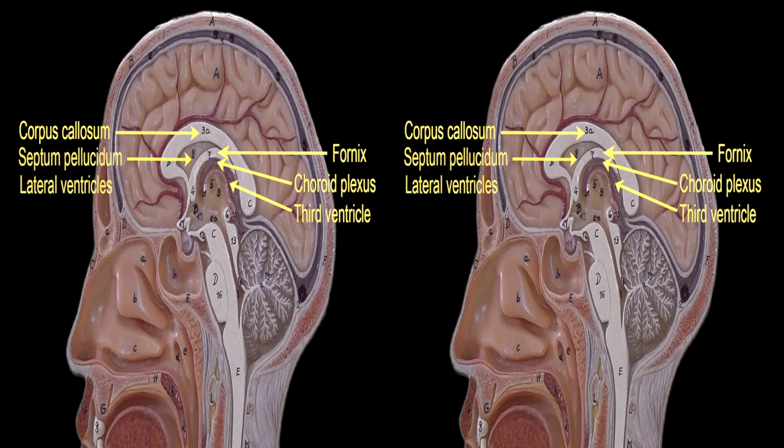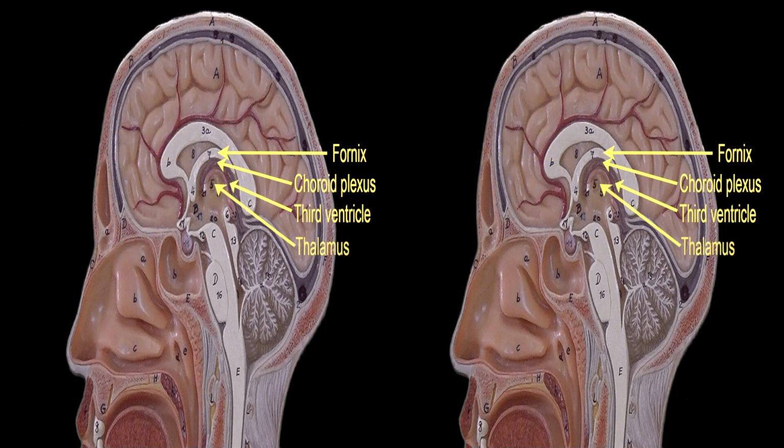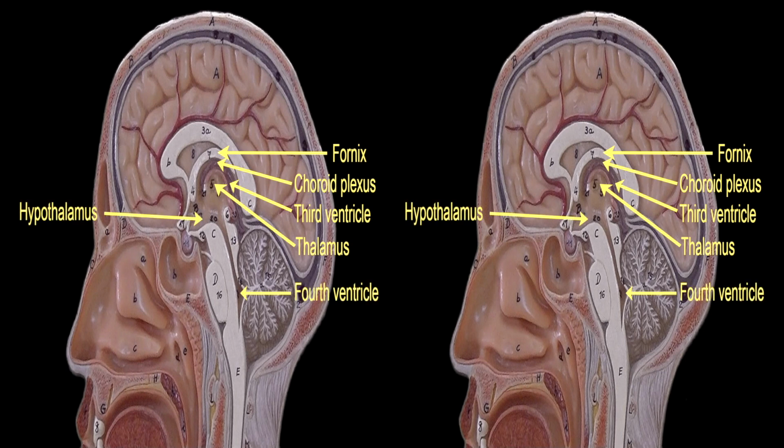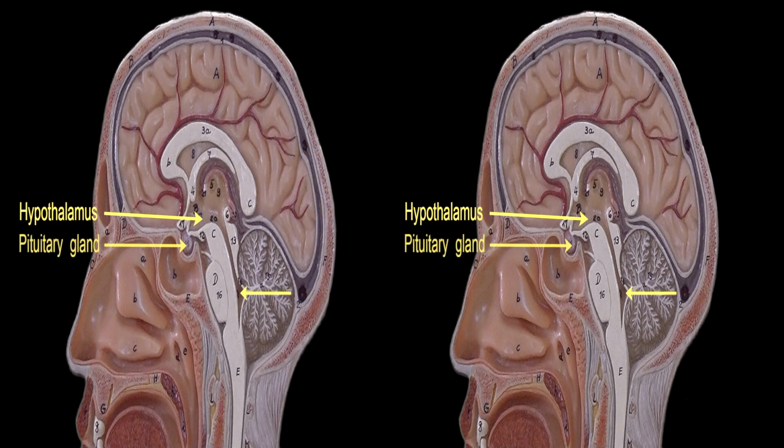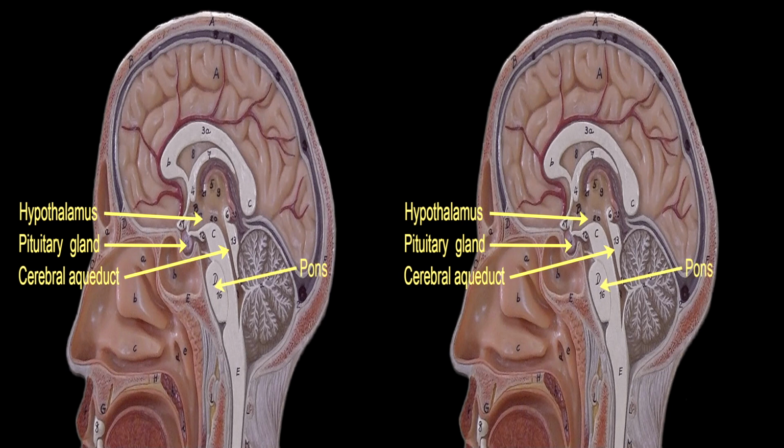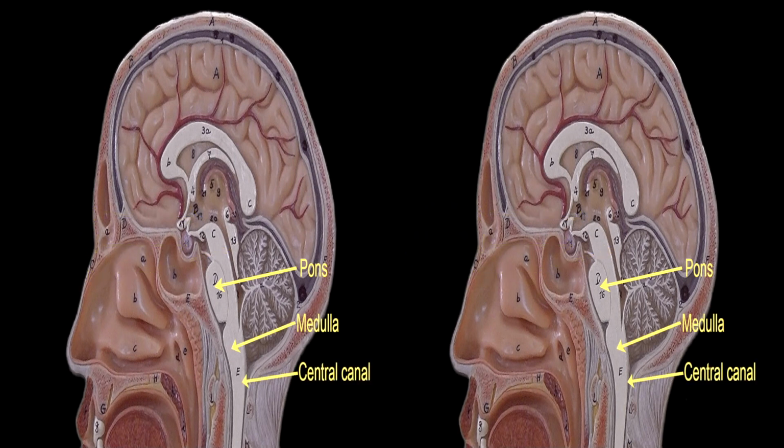Third ventricle. Thalamus. Fourth ventricle. Hypothalamus. Pituitary gland. Cerebral aqueduct. Pons. Medulla. Central canal.